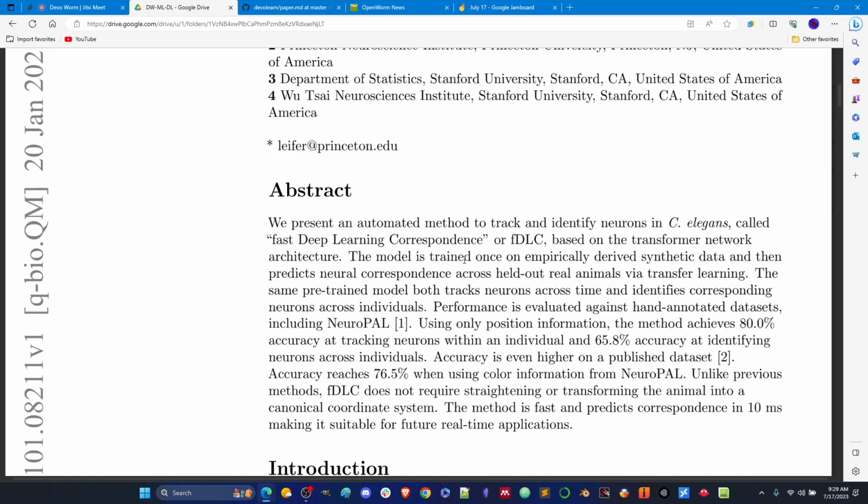And of course, the original technique was to hand draw the cells and the neurons in the C. elegans. So this was all hand drawn at one time. And then there are different recognition approaches one can use.